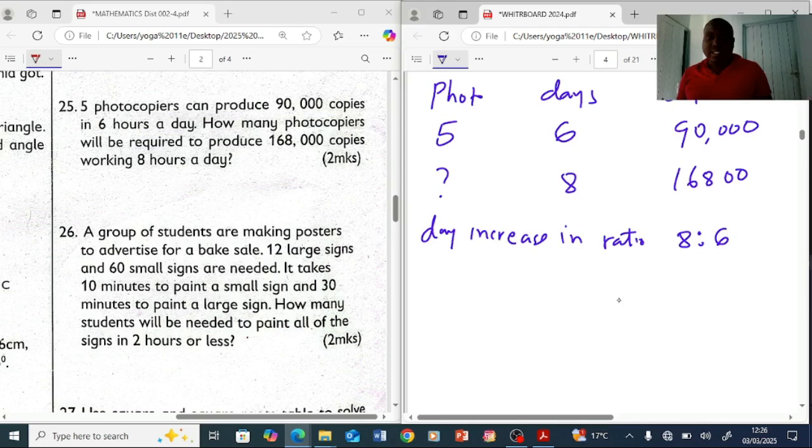If the hours have increased, what do you think? Does it mean the photocopiers were many or they were less? So it means photocopiers must have decreased for the work to be done in more hours.